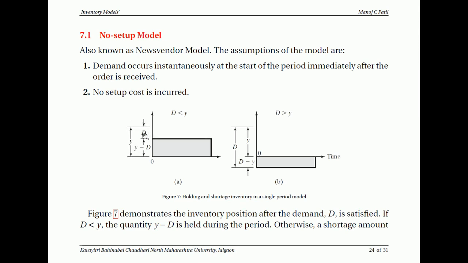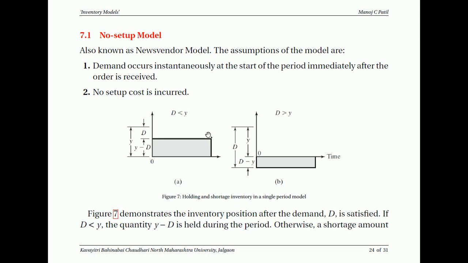If demand is less, the newspaper vendor has to keep all those y minus d newspapers to himself, and after one day he has to put them in scrap or resale or do something.